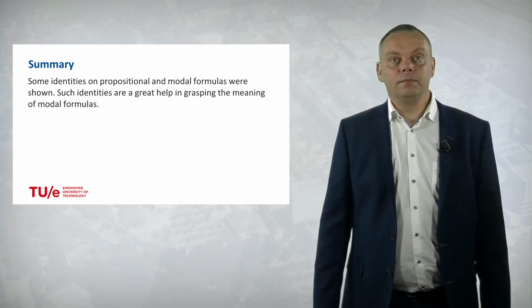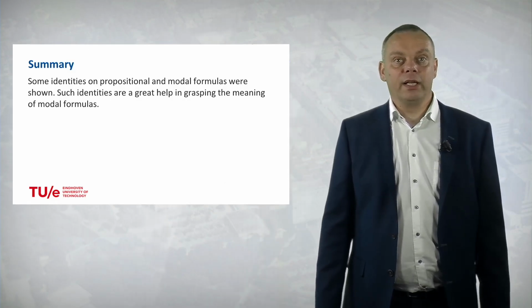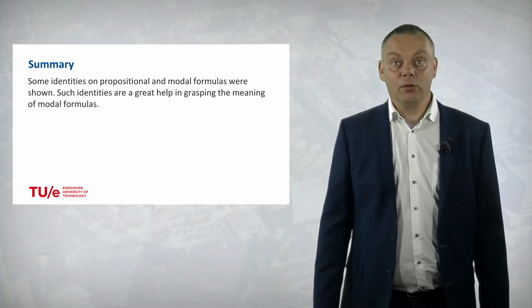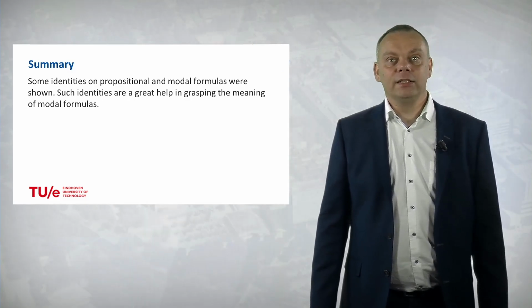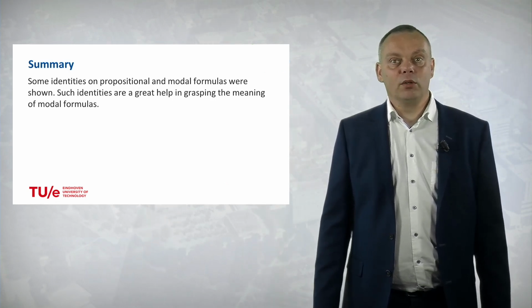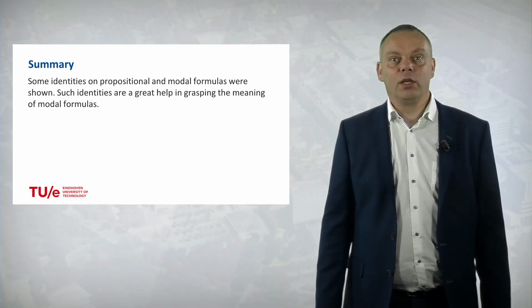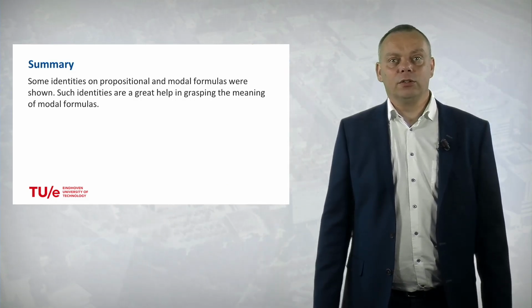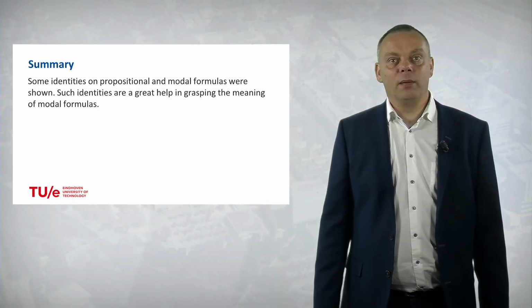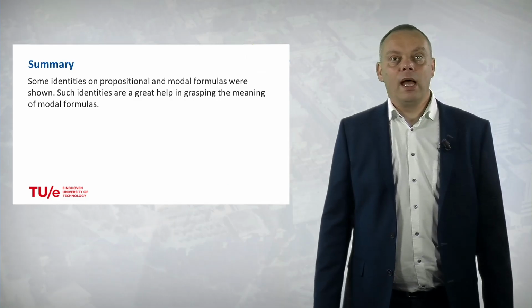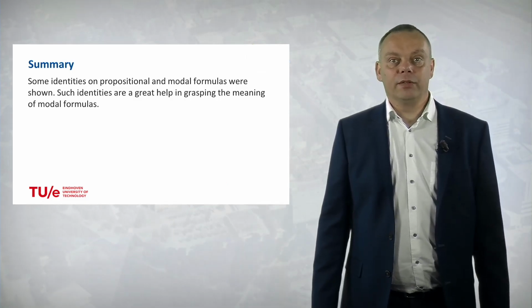Okay, what did we do? We formulated a number of identities on propositional logic and especially on modal formulas. And these identities are really helpful if we want to understand modal formulas. We will find out that modal formulas are not very easy to comprehend, and it is sometimes really useful to transform them to an equivalent but different form and try to interpret this different shape.